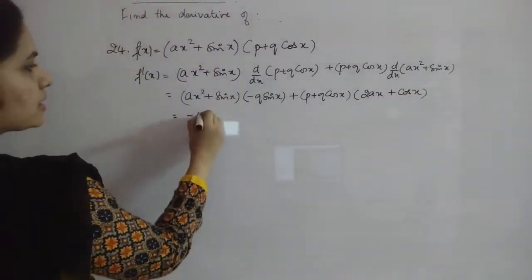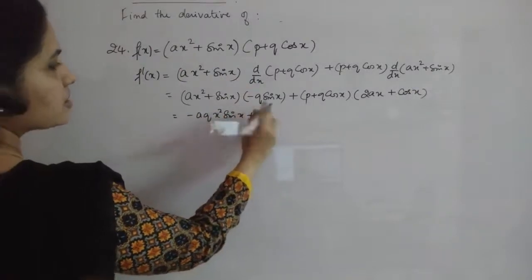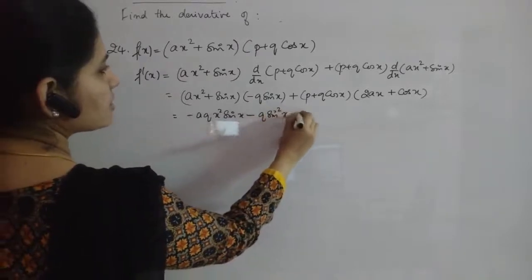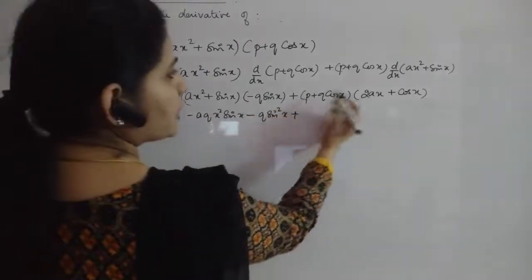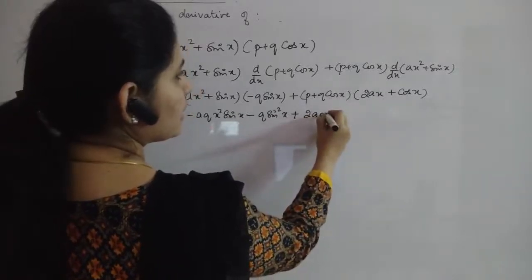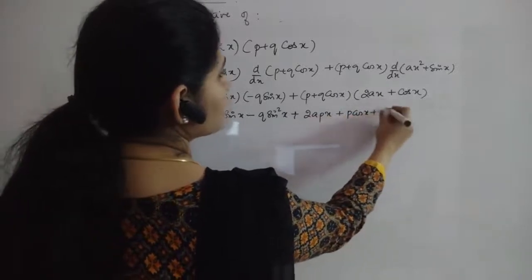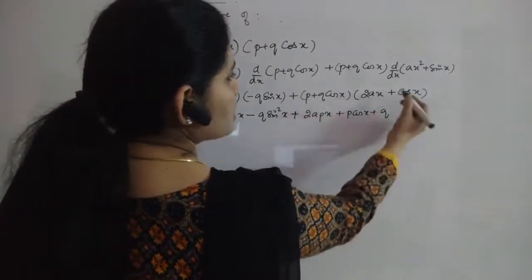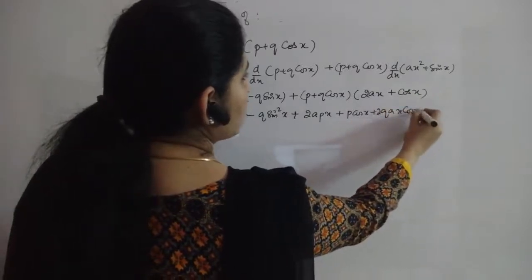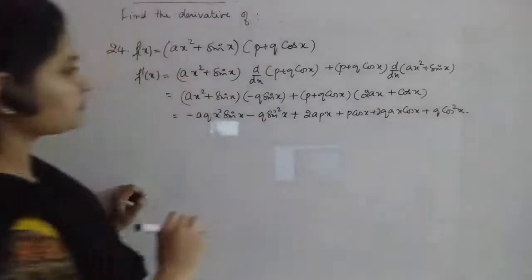Multiplying, what you will get is minus aq x square sin x, minus q sin square x, plus p into this term will give you 2apx plus p cos x, plus q cos x into this term will give you 2aqx cos x plus q cos square x.